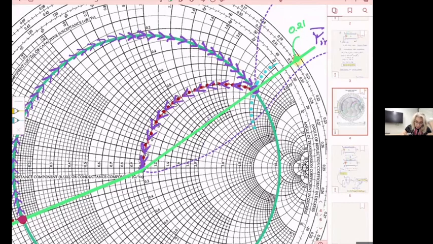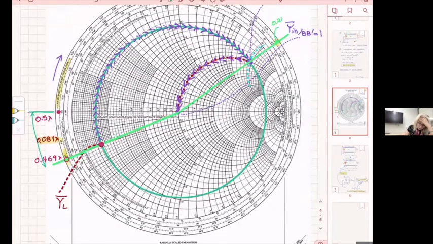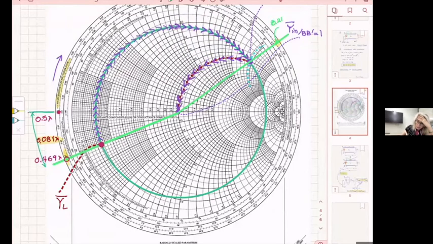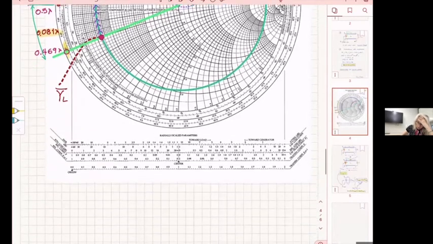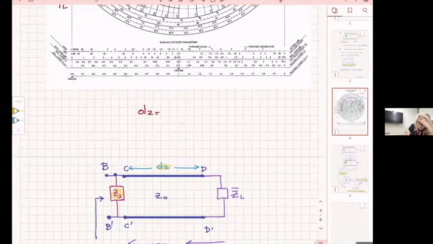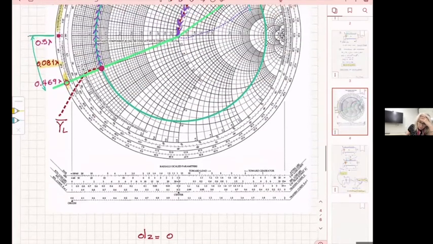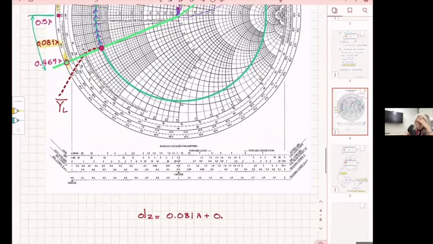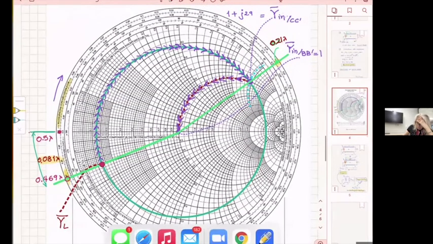So I traveled by 0.031 plus another 0.21 lambda. So the total distance d2 is the sum of the two paths, 0.031 lambda plus 0.21 lambda.